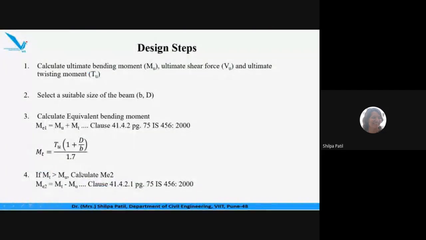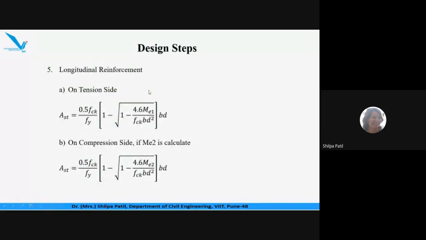If Mt is greater than Mu, we calculate Me2, and then we calculate the longitudinal reinforcement on both sides. One is on the tension side. The formula is the same as what we have learned for the design of a rectangular singly reinforced beam. Only instead of Mu, we now put the equivalent moment Me1, and whatever area of steel we get by considering Me1, we provide on the tension side.